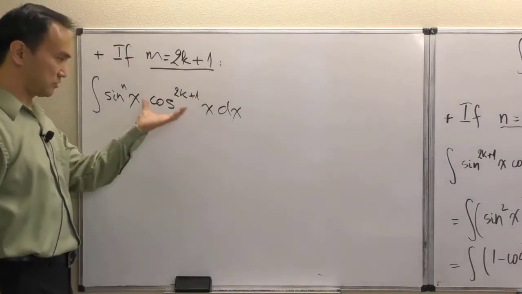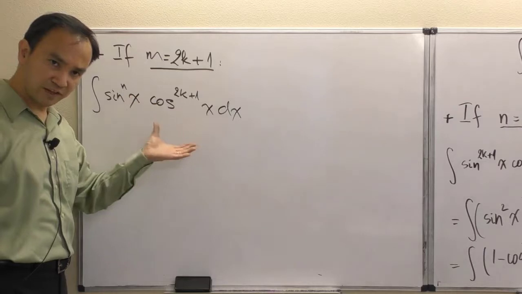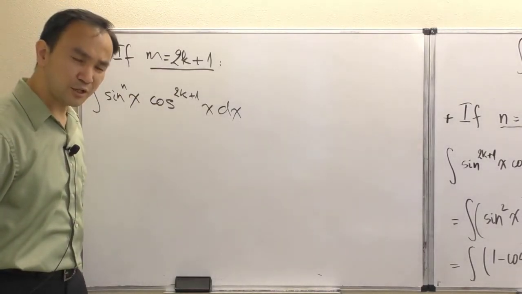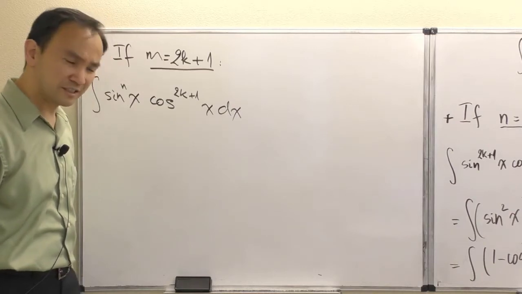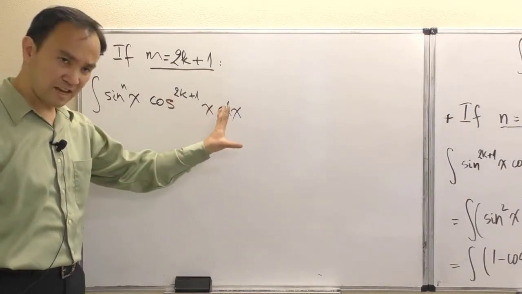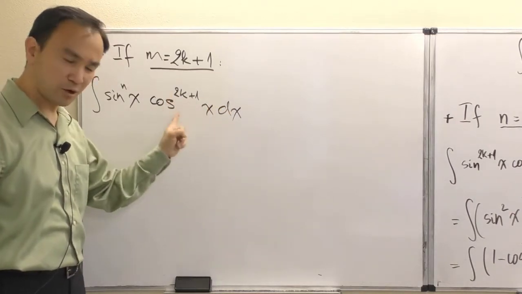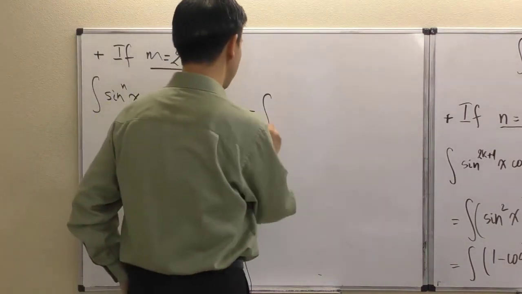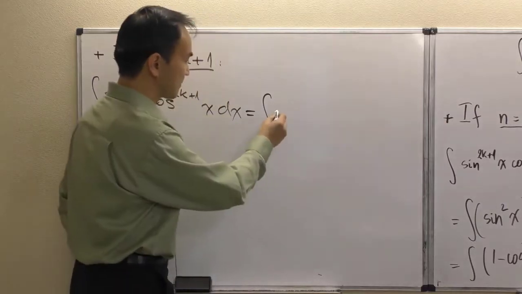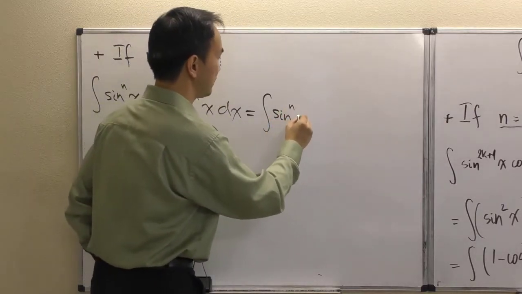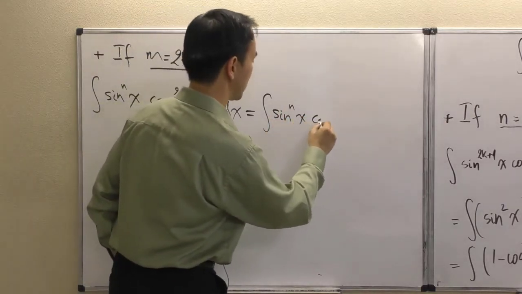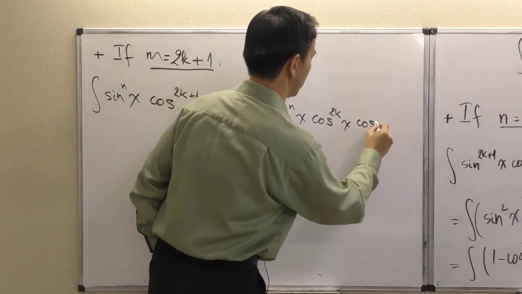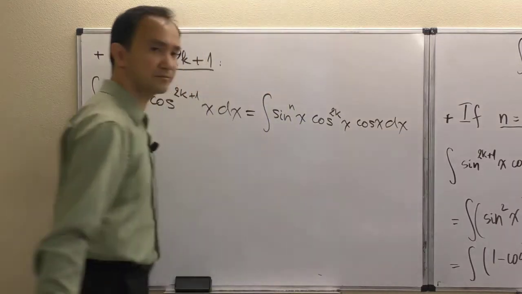Specifically like the case we did in example 3 earlier, I separated out that lone factor of cosine right here, because there's that plus 1 in the power. So in the next step, I am going to write this as sine to the n of x times cosine to the 2k of x times cosine of x dx.